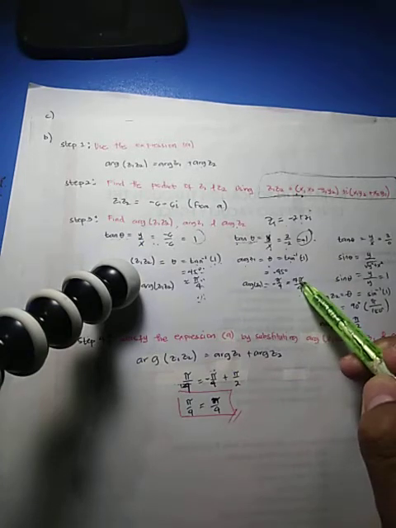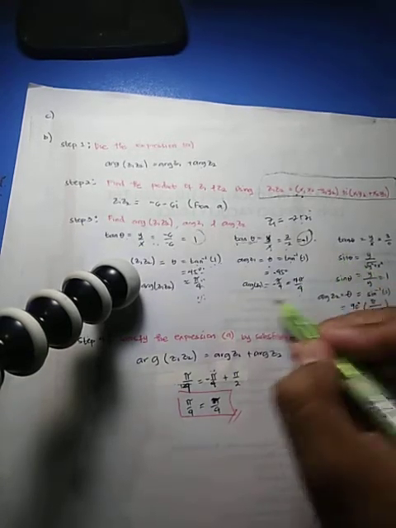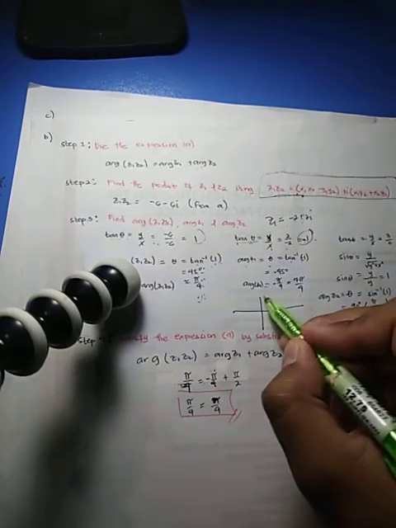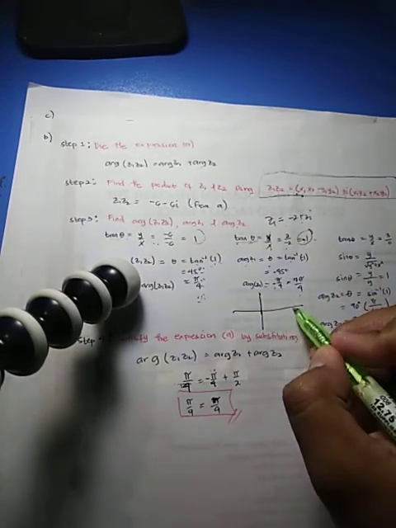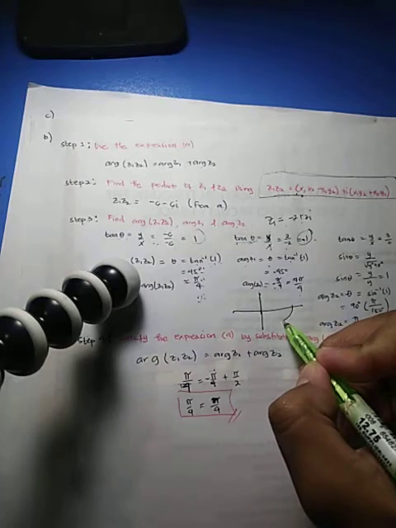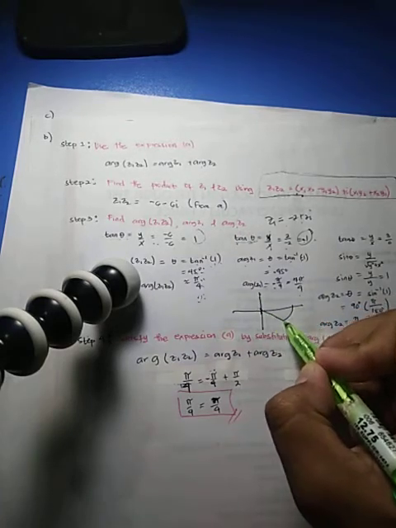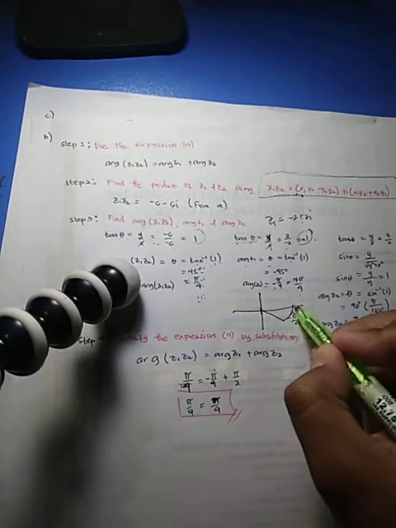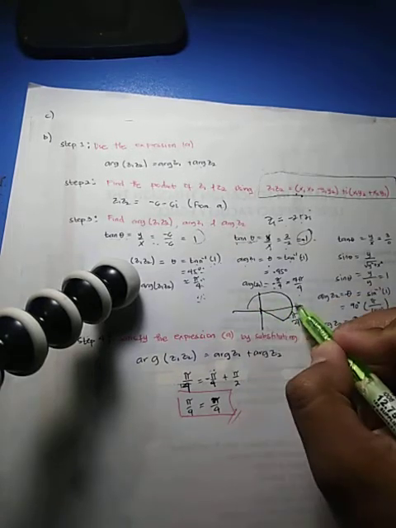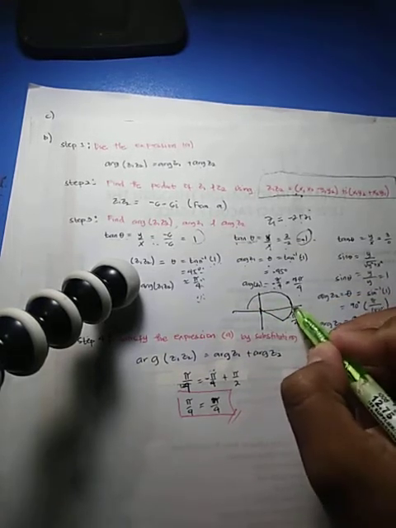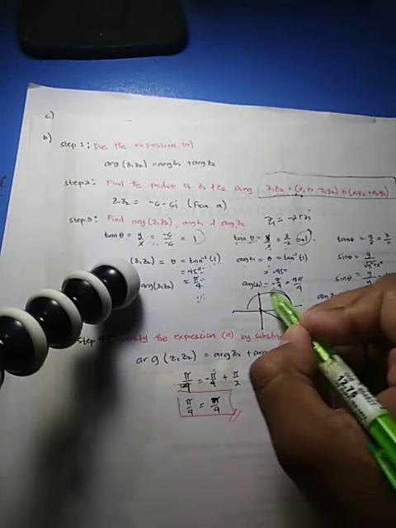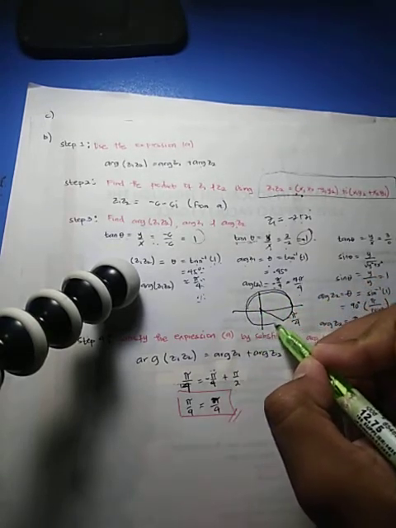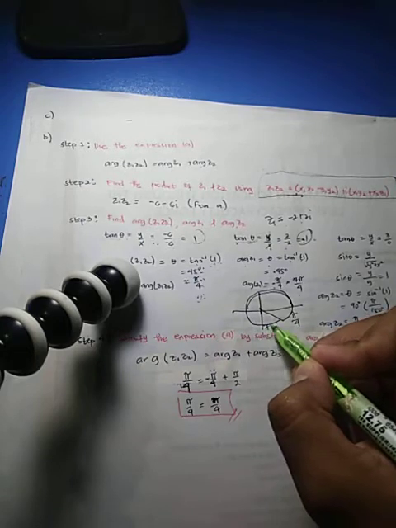We have negative pi over 4, or this would be equal to 7 pi over 4. Why 7 pi over 4? Sir, why is it also 7 pi over 4? Here's how it works. Negative pi over 4 means starting from the positive x-axis, you go downward, clockwise. Now, to express this in the positive direction, we have to travel from the positive x-axis around to here, and that is 7 pi over 4.